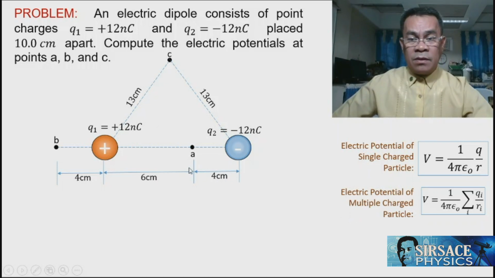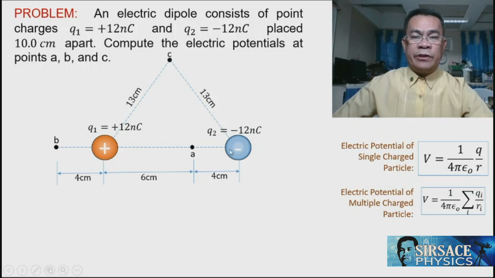Okay. Now, in question number 1, you are asked to calculate how much is the potential at point A. Take note, point A is 6 centimeters away from charge 1, while point A is 4 centimeters away from charge 2, and the point is in line with the line that connects the two charges.